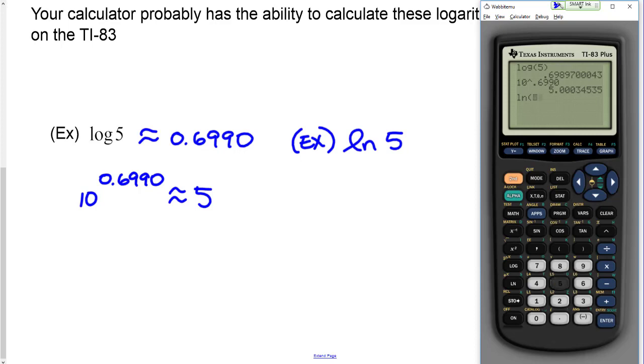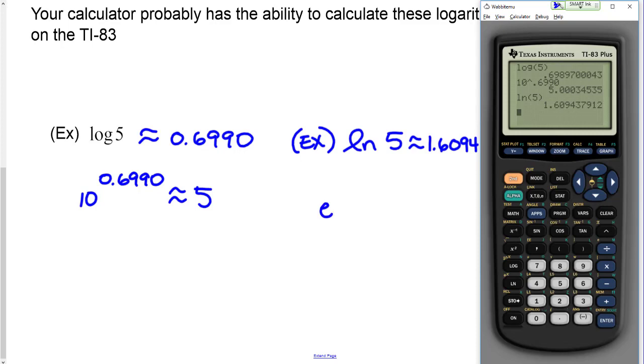So plug in the 5 into parentheses, press enter, and I get approximately 1.609. Which, again, it may look a little bit random. Well, I did 4 decimals over here, I'll do 4 decimals over here. So it may look like a very random number, but it is the number to which the base must be raised in order to get 5.